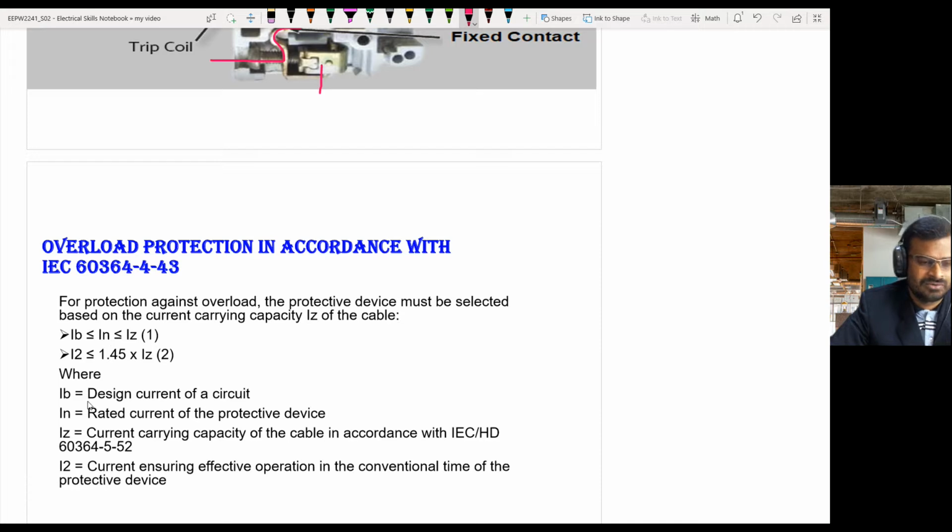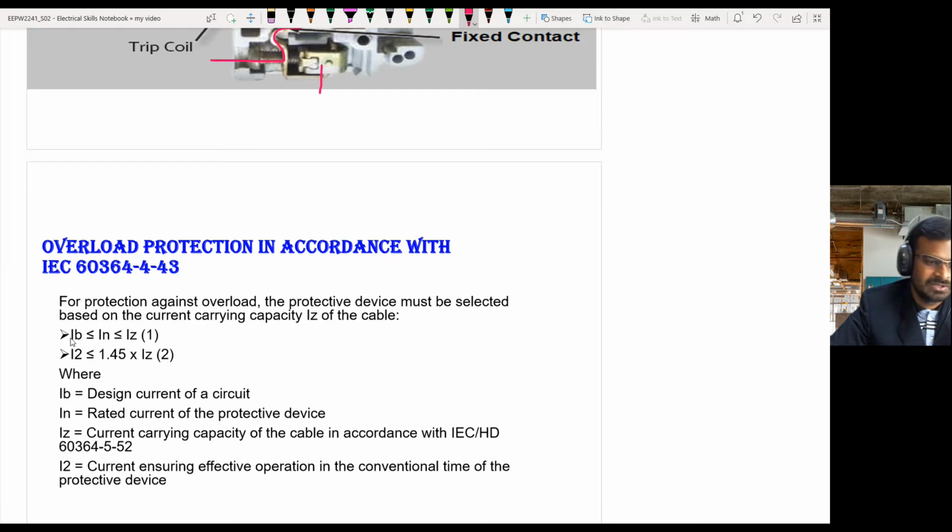It is the design current of a circuit. You have a circuit for either a lighting circuit, a socket outlet circuit or an AC water heater in the domestic case, or in industrial applications we have different sorts of load. In the circuit the design current is given as IB, IN is the rated current of the protective device, and IZ is the current carrying capacity of the cable in accordance with the IEC standard.